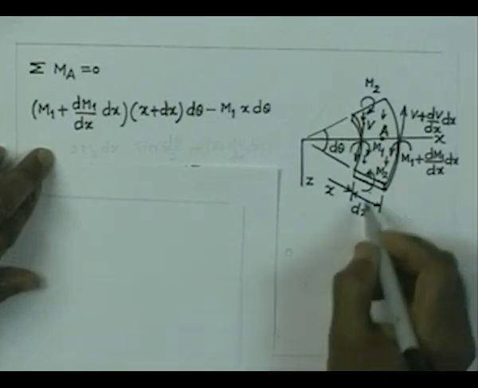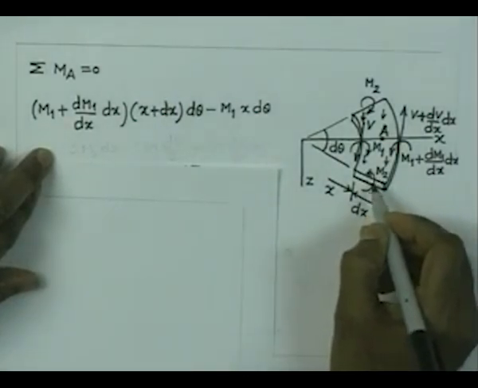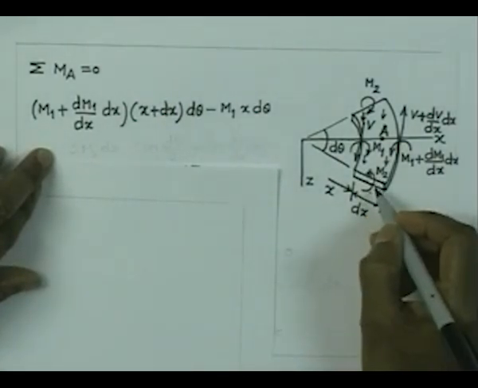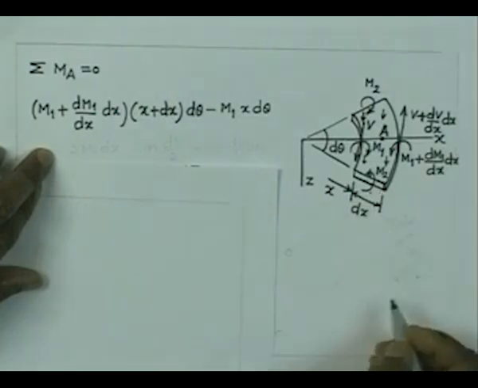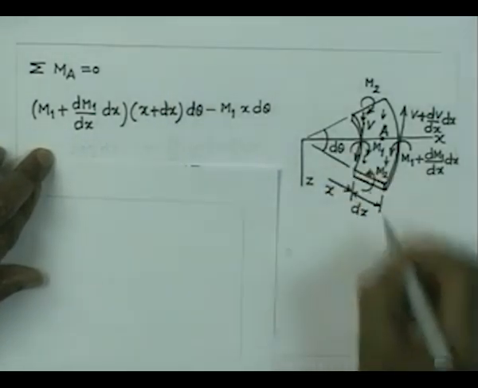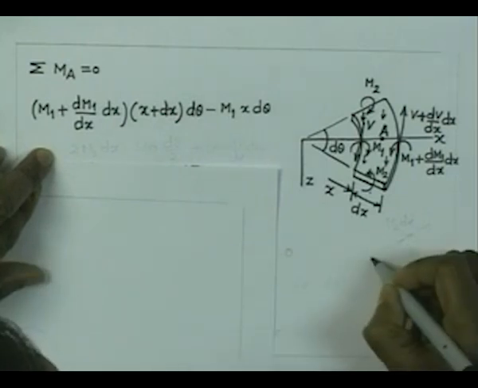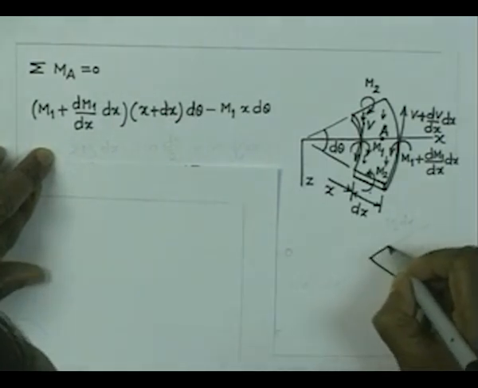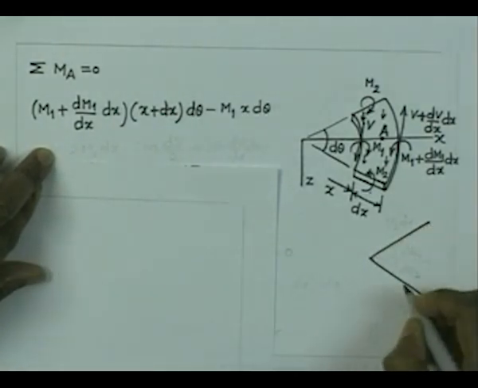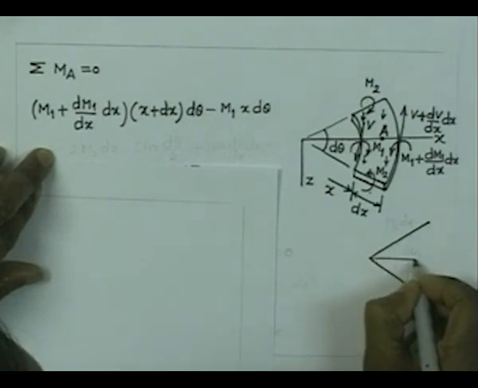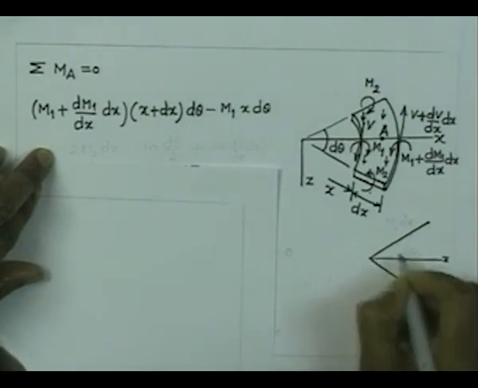Then we have this m2, if I show it as a vector. So, this vector, if I consider this face, it is like this, and the other face is exactly oriented like this, and this is my x direction.